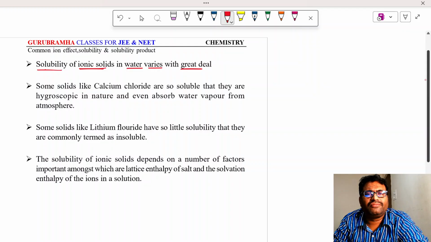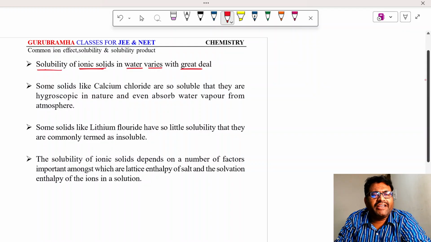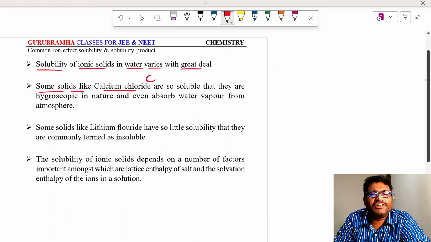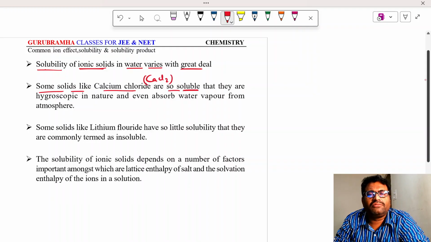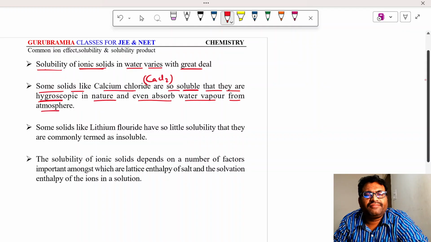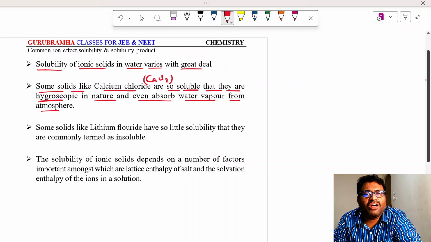No. Some solids like calcium chloride, CaCl2, are so highly soluble that they are hygroscopic in nature. Hygroscopic means they can absorb water vapor from the atmosphere.